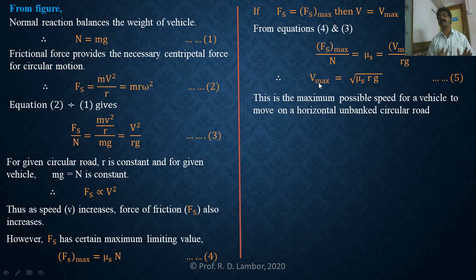Frictional force is sufficient and it will provide the centripetal force. And if the speed of the vehicle is greater than this maximum possible speed, frictional force decreases, centripetal force decreases, and you are not getting proper centripetal force. So your driving will not be safe.